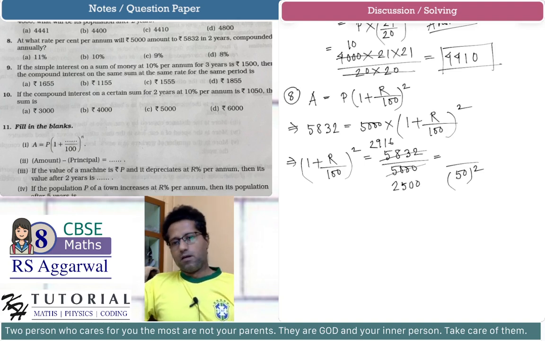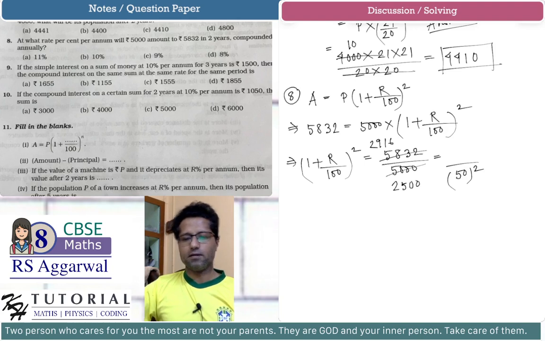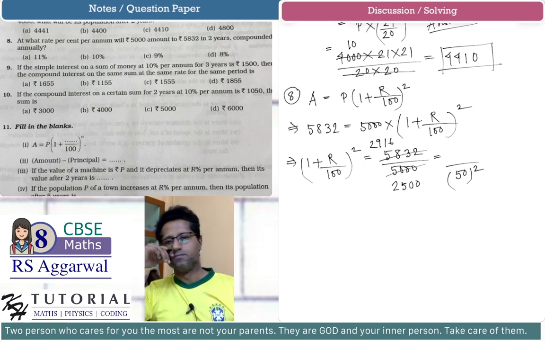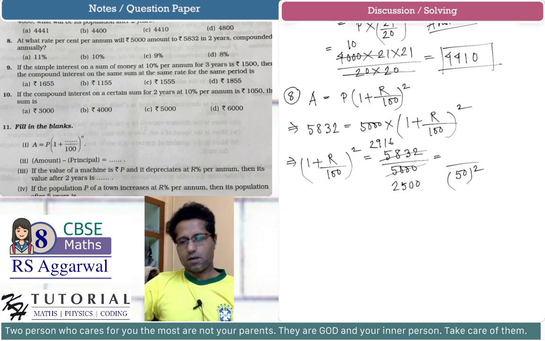Now essentially we have to find the square root of 2916. So what is the number whose square is 2916? In general, you can do a little bit of guesswork based on the fact that since the denominator is 50 square, the numerator will most probably be 51 square or 52 square or 53 square.